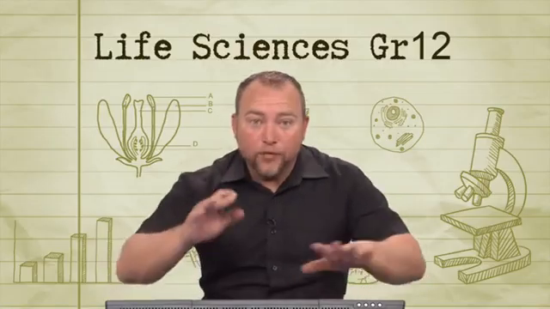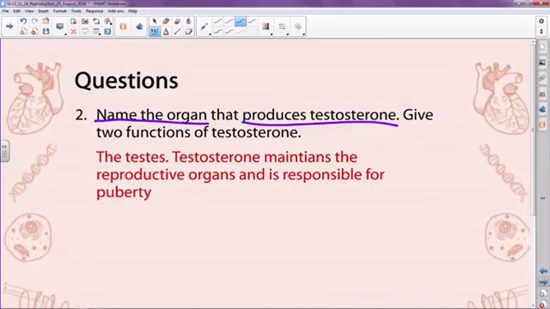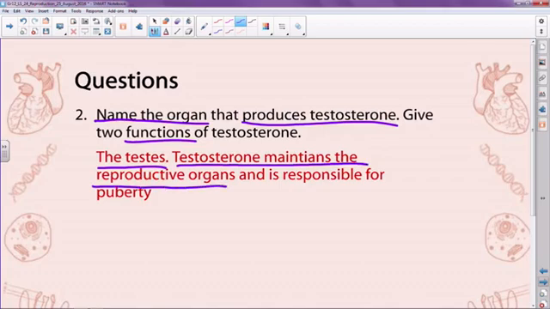Okay, so if we have a look, name the organ that produces testosterone and give two functions of testosterone. It's very easy. Testosterone is made in the testes. And what is the function of it? Testosterone maintains the reproductive organs and is responsible for puberty.